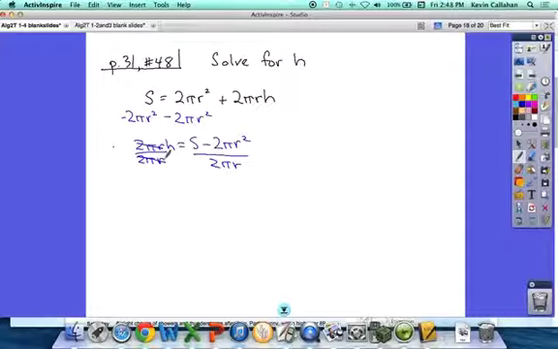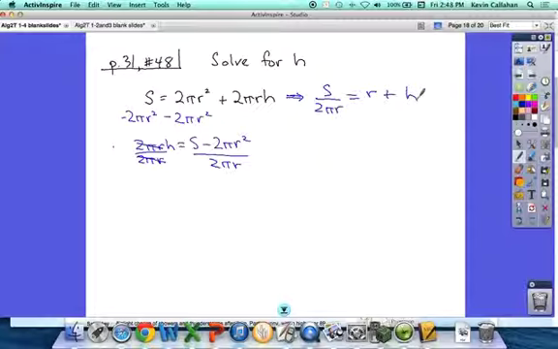Now, if you did it the other way, let's say I divide by 2 pi r in the first step. Then the next thing it would have looked like is s over 2 pi r equals, what are you going to get when you divide 2 pi r squared by 2 pi r? Just an r, right? So that would be r plus h. And then what?